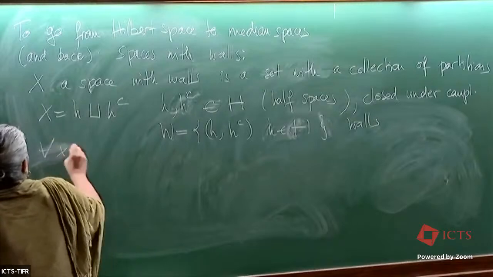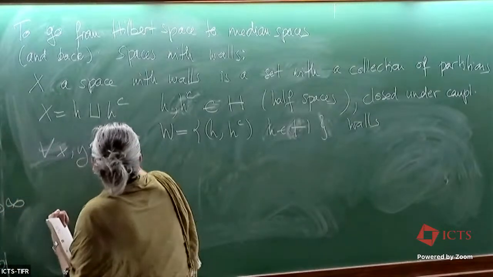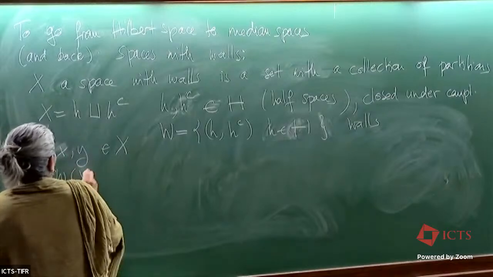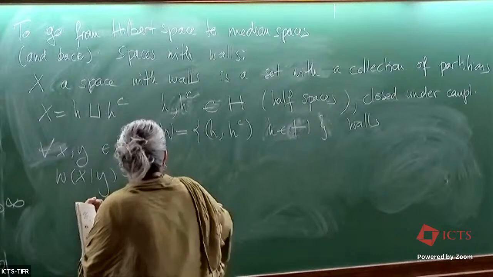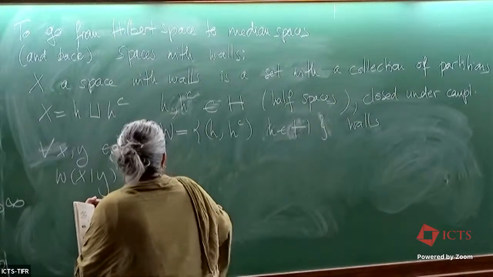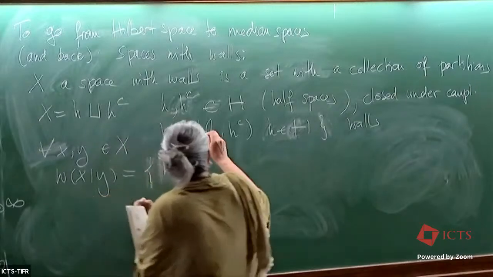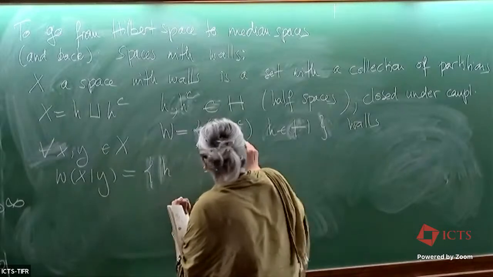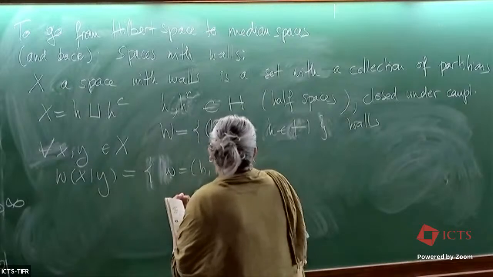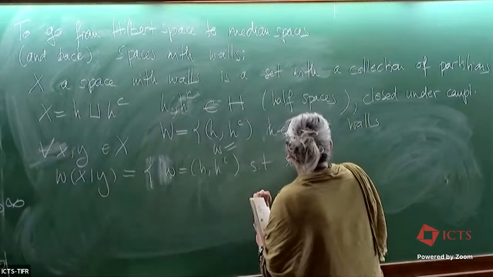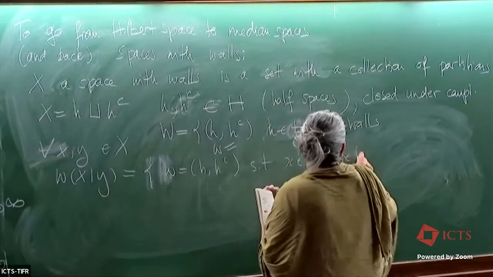And you want that for any x, y in X, you're going to denote by W(x,y) the set of walls, pairs, I'll just call this W, such that x is in H and y is in H complement.